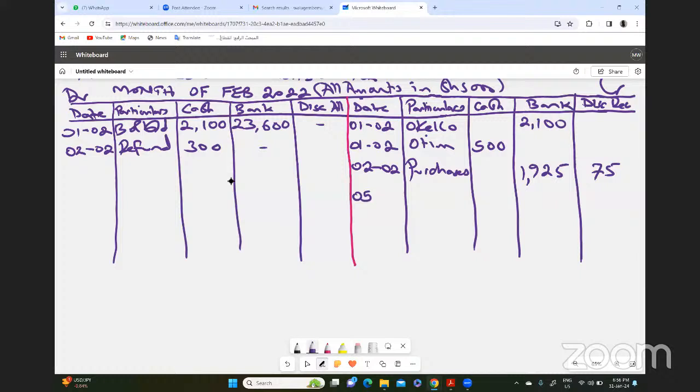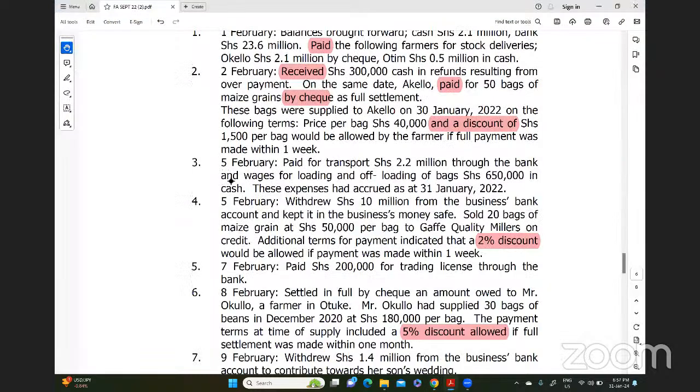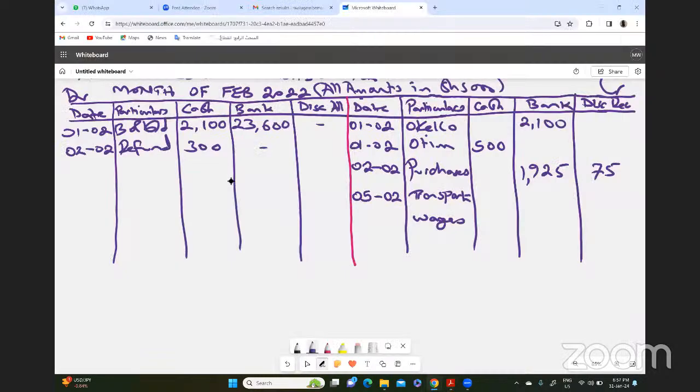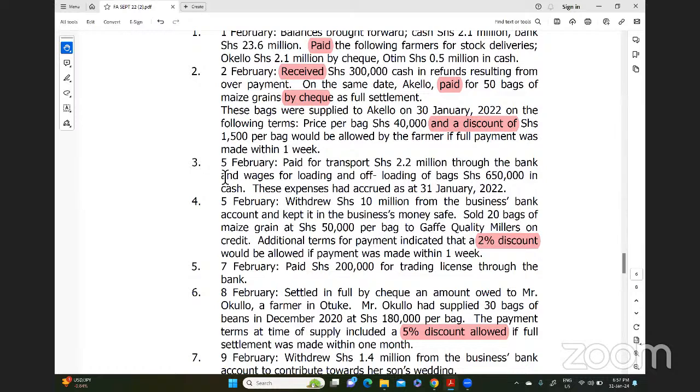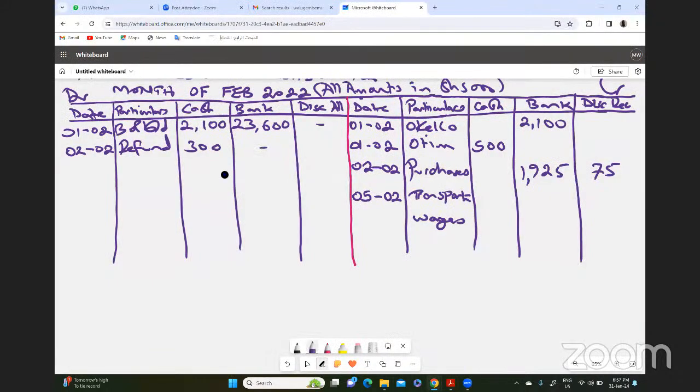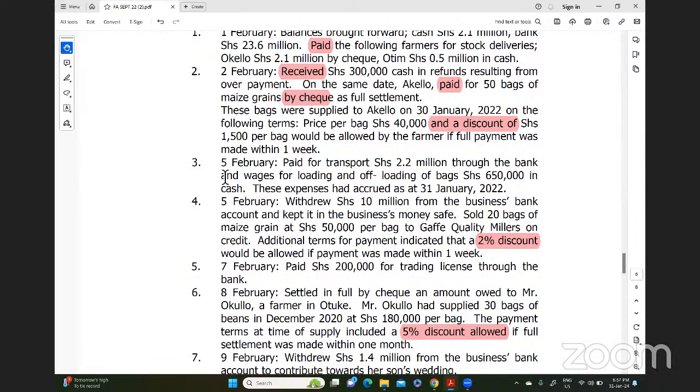Transport is 2.2, the mode is bank, and then the other one, wages, is cash, 650.